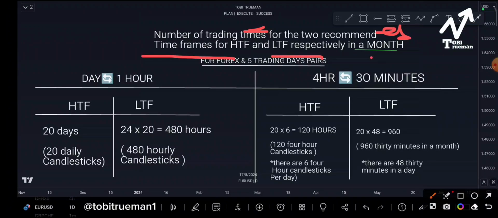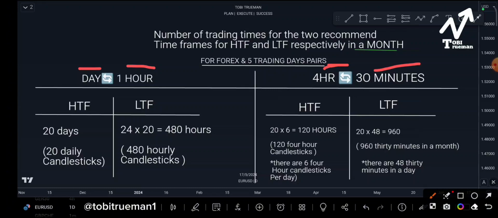What I'm talking about here is how many candlesticks you can get for the daily time frame that we recommended and its corresponding lower time frame, which is 1 hour, and then for the 4 hour time frame recommended as higher time frame, and the 30 minutes candlesticks recommended for the corresponding lower time frame entry.